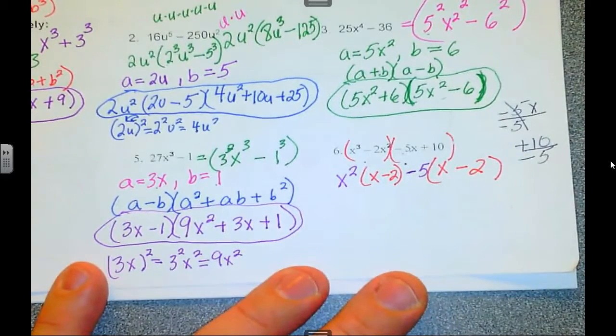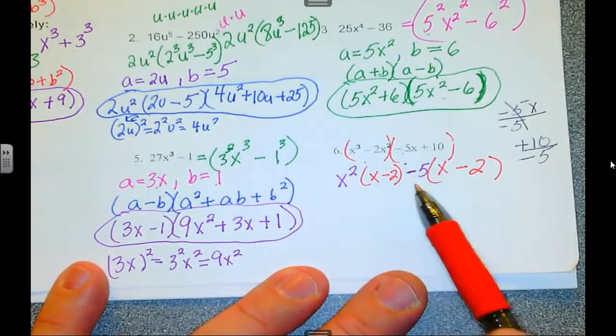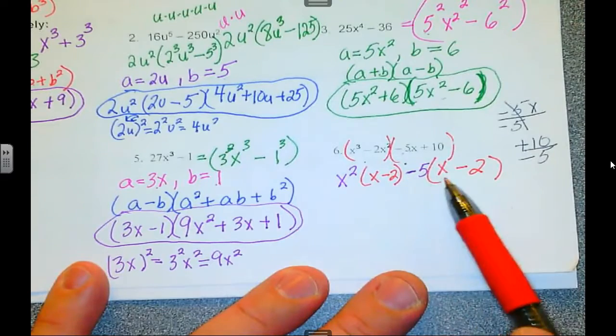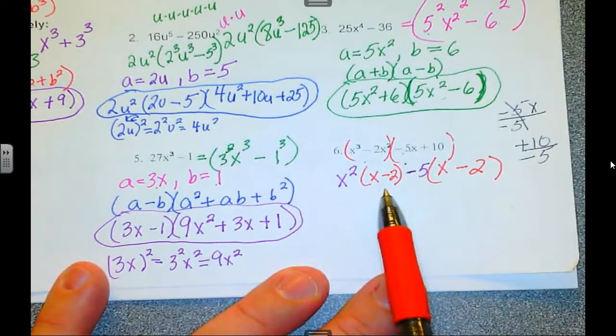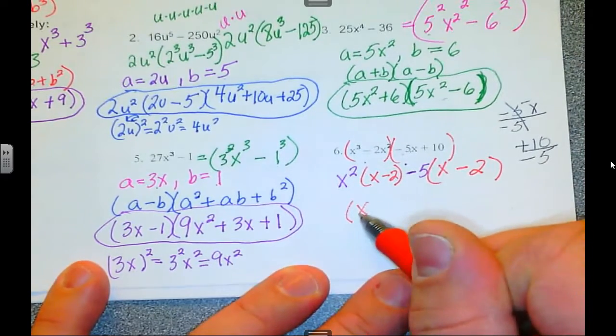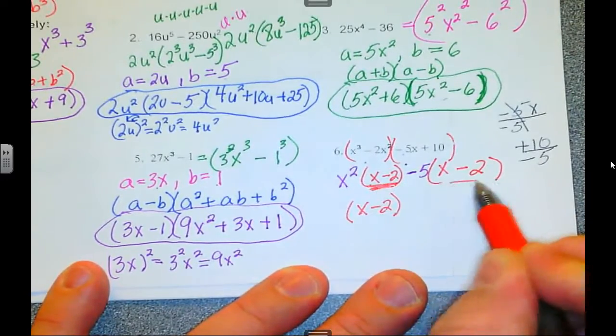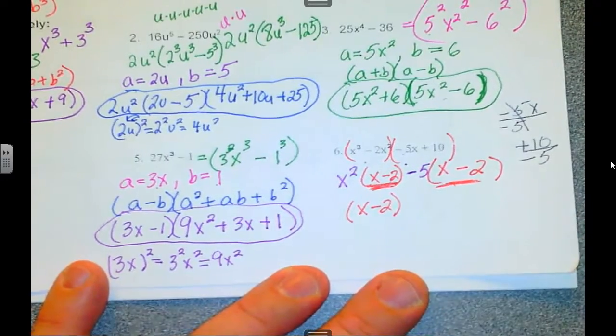Notice something here. I actually have two terms again, right? A term is separated by a minus sign. So I'm going to take out the x minus 2. See? Notice that these are the same.